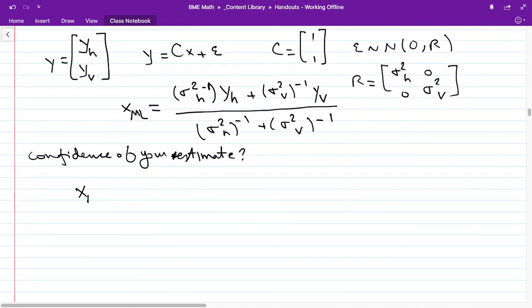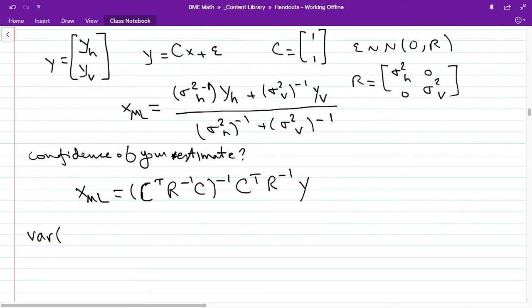So let's go back to what we had. We had the maximum likelihood estimate in the 2 GPS problem. The maximum likelihood estimate was this quantity, C transpose R minus 1 C, inverted, times C transpose R minus 1 y. So the question is, what is the variance of your estimate?